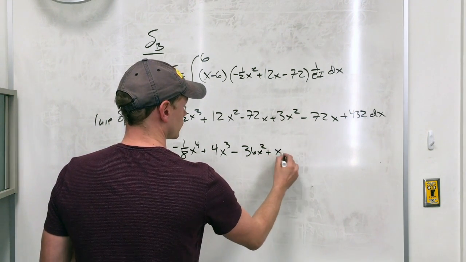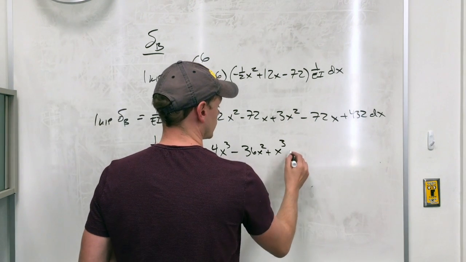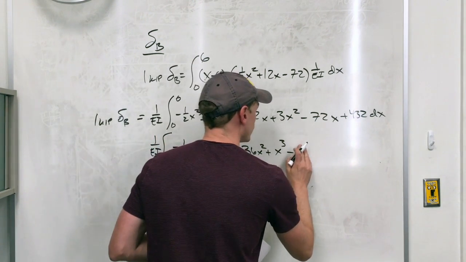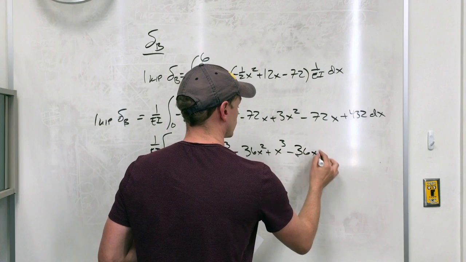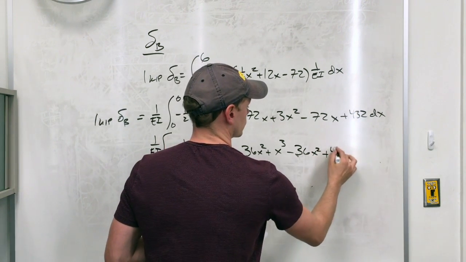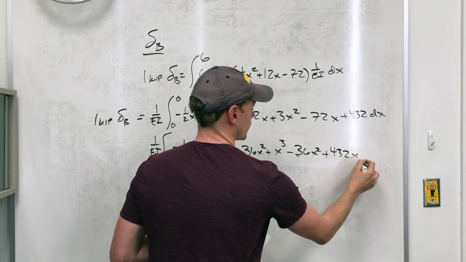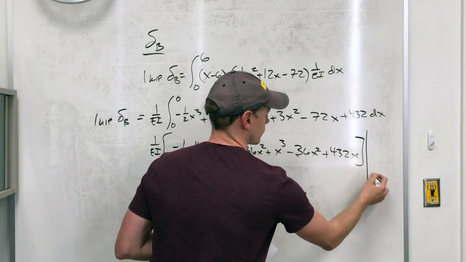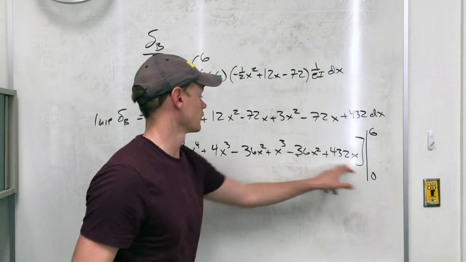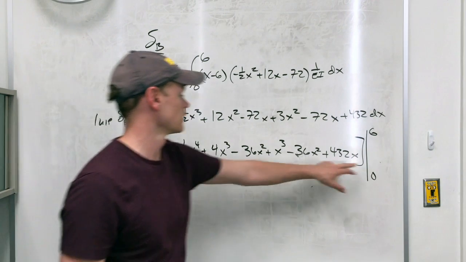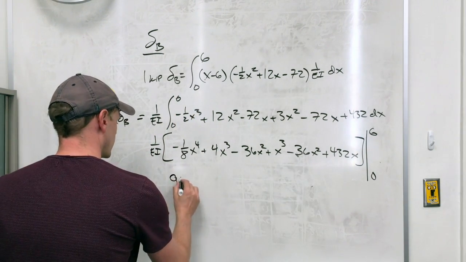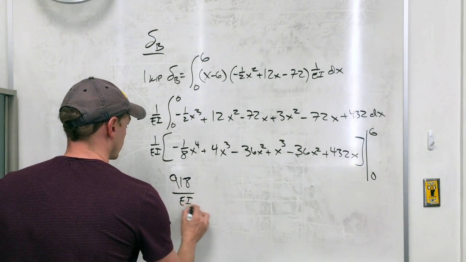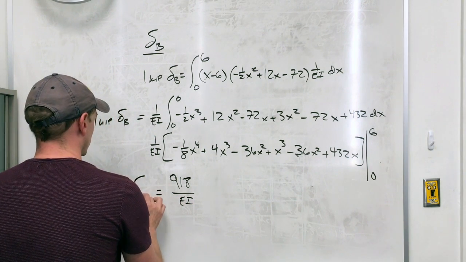This is 3 over 3, so just x. This is again 36. 36. And then this is just 432x. So all of this evaluated from 0 to 6. So all the zeros are going to be 0. Now I just put 6 in here. And I get 918 over EI. Delta B.